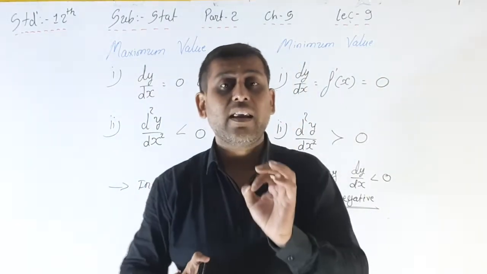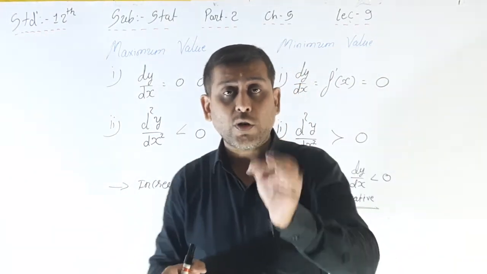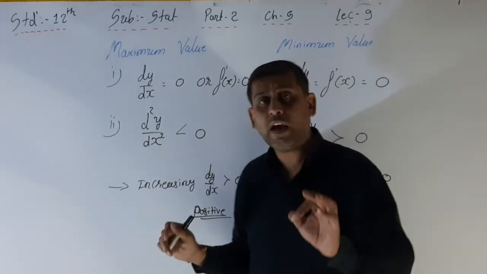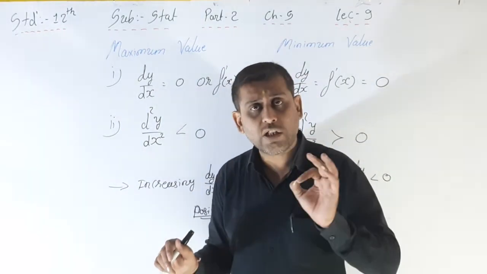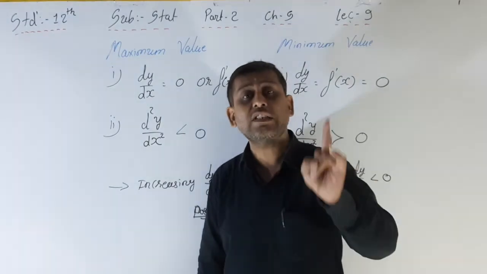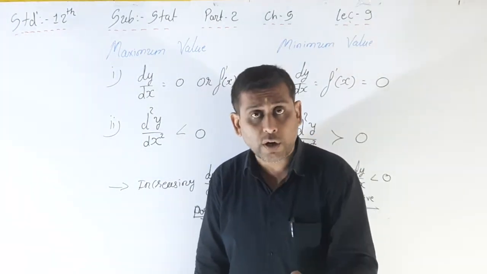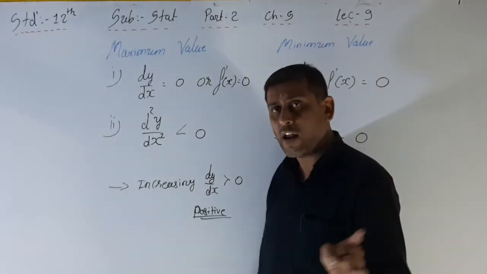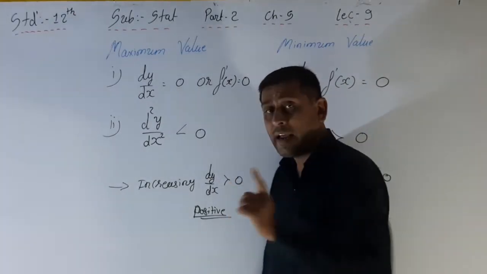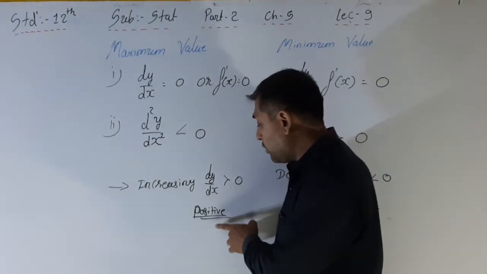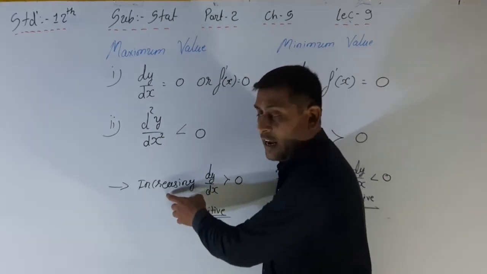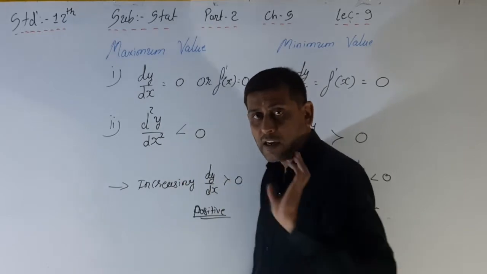See here, the directly opposite question here. In the increasing function, if we are putting the value of x is equal to so and so, which is given in the question, we directly put the value into the first differentiation, and if the answer is positive, that is greater than 0, then we can say that at that point the function is increasing.